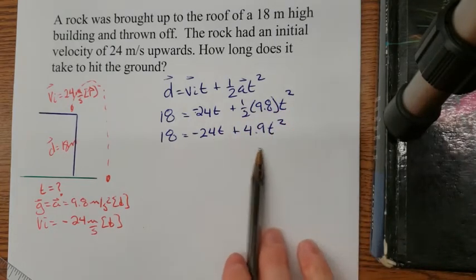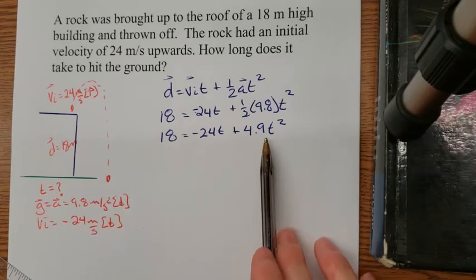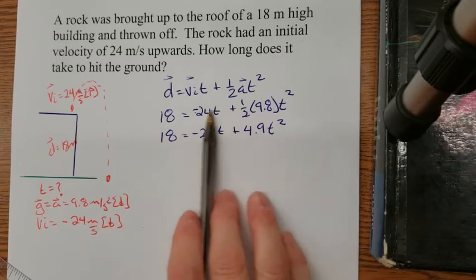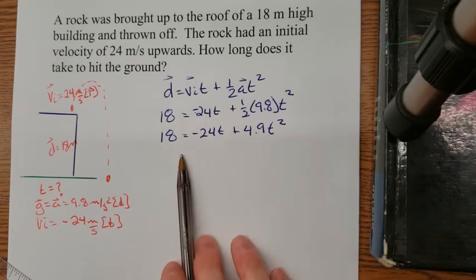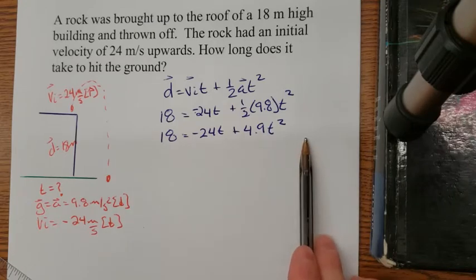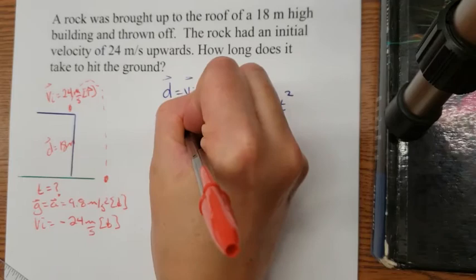This is a quadratic. So you have to think back to grade 10 math when you learned how to use the quadratic formula, because you have the equivalent to x squared, x, and a number. And if you think back to the quadratic formula, everything has to be equal to 0. So what I'm going to do is bring this 18 onto this side so the whole formula is equal to 0. To do that, I just subtract 18 from both sides.